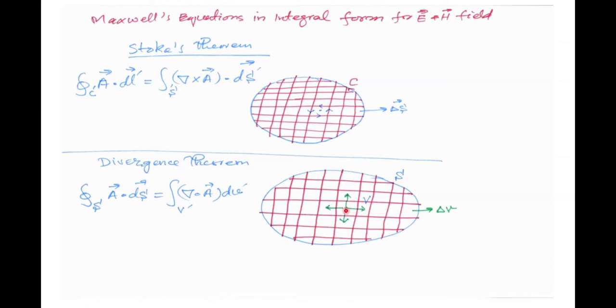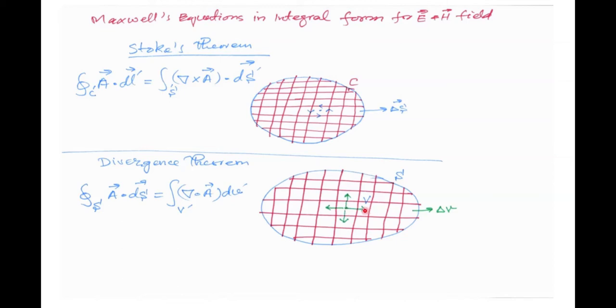Let us consider this unit cell. In this unit cell, let's say the electric lines of force originate in all directions: upward, left and right, and bottom direction.